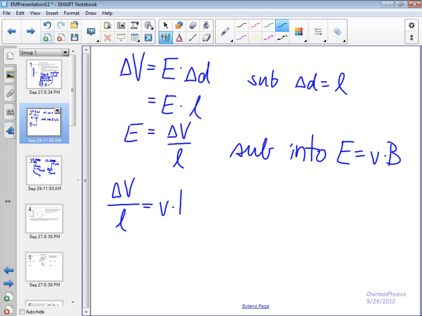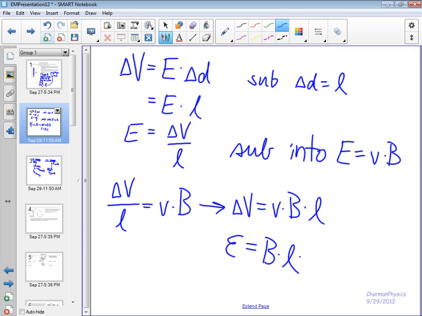We have delta V all over L is equal to V times B. What we see is that the delta V, the potential difference set up across that wire, is going to be equal to the speed with which that wire is moving through the magnetic field times magnetic field strength times the length of the wire. We can rewrite this as the EMF. And I'm just going to reorder these variables.